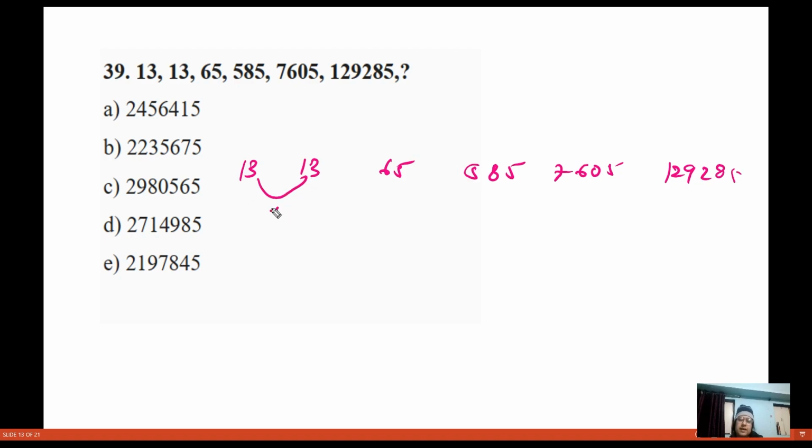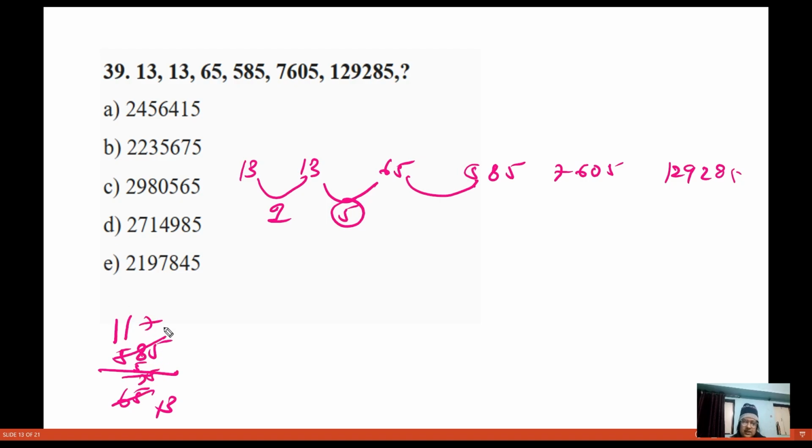So here we are multiplying with 1, here we are multiplying with 5. Just divide this and see by what we are multiplying here. So 585 and we have 65. So this is going to be 13. This is 5 on the 5. And this is 5 7s are 35.